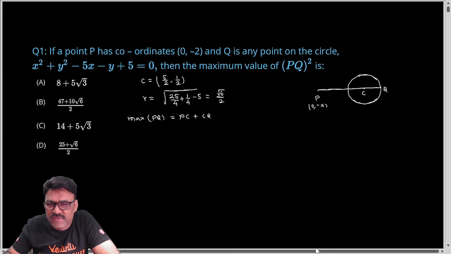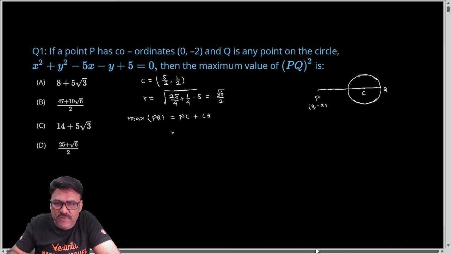Now let's find the PC distance first. The PC distance will be what? Distance between the points P and C. So PC distance is under root, 5 by 2 minus 0, 25 by 4, then 1 by 2 plus 2, which is again 5 by 2, so 25 by 4.